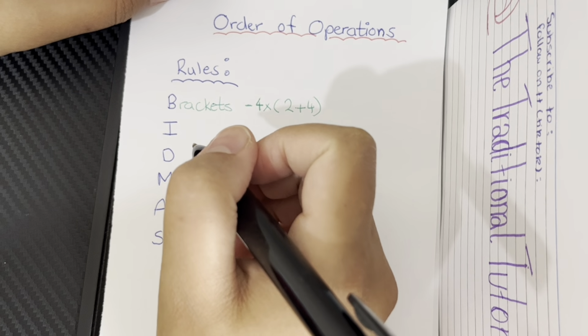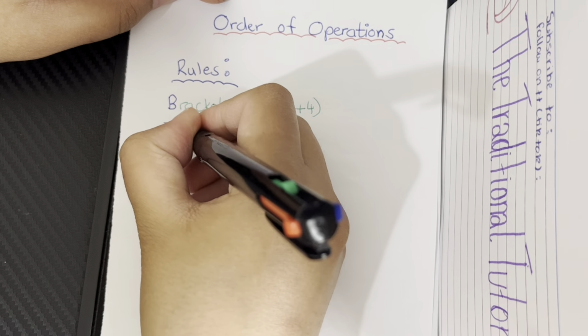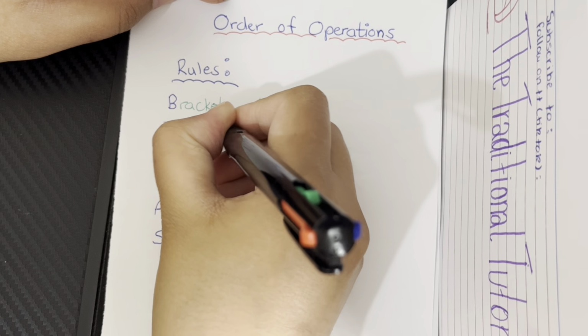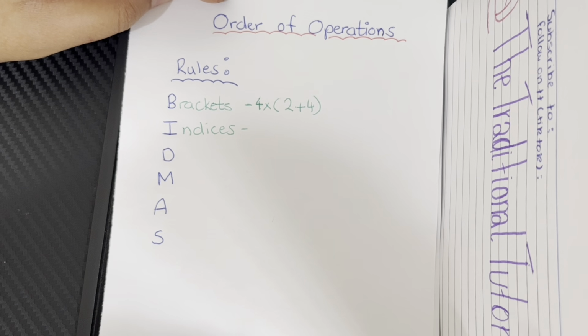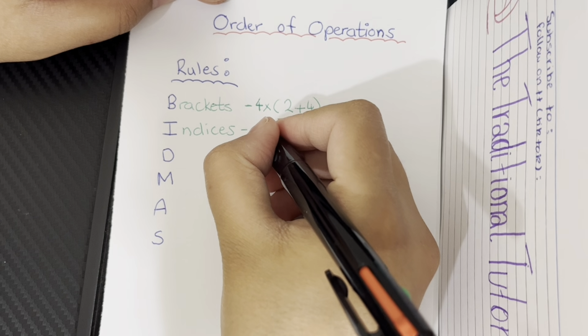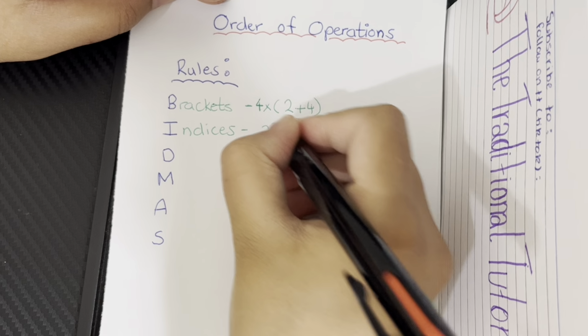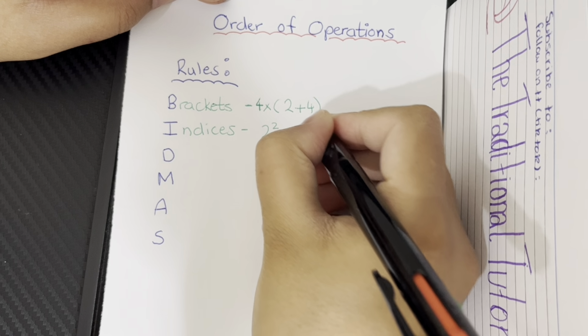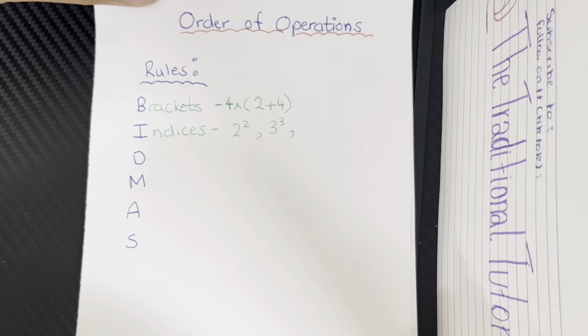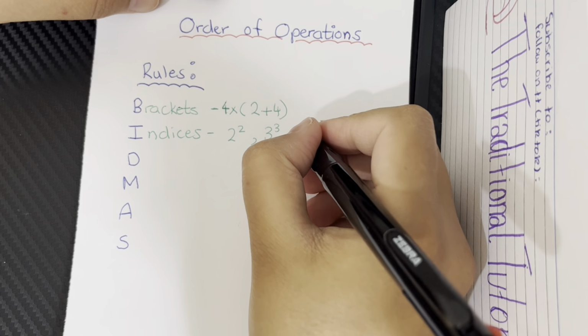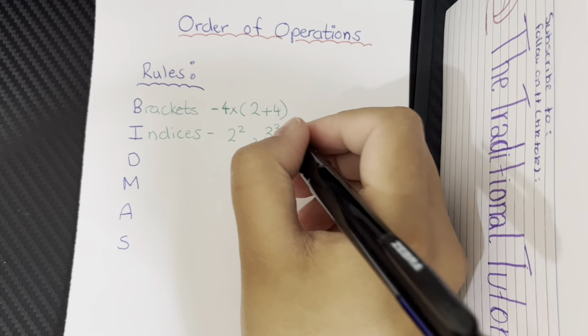And then we've got I, which stands for indices, and by indices we just mean any powers, okay. So for example, you've got your 2 squared, you've got your 3 cubed, or even square roots are classified as powers.